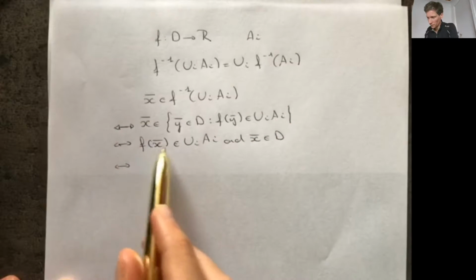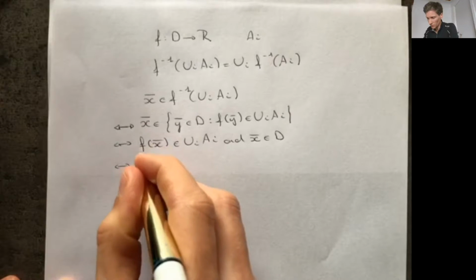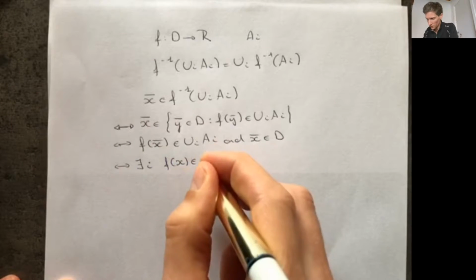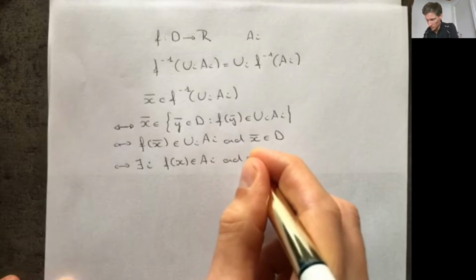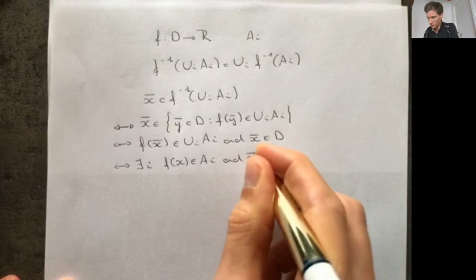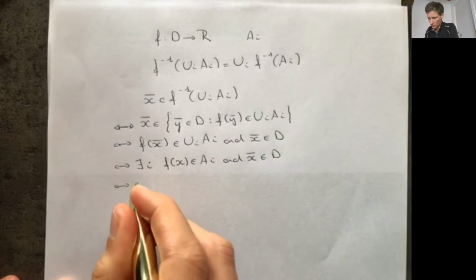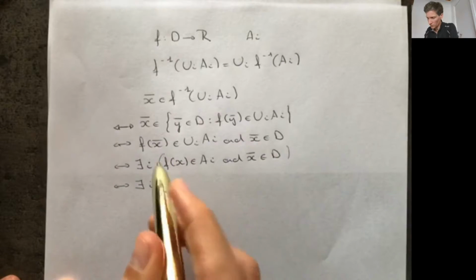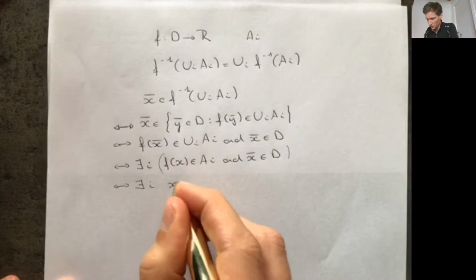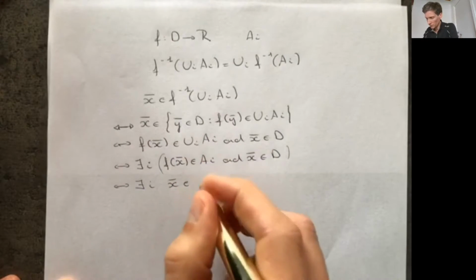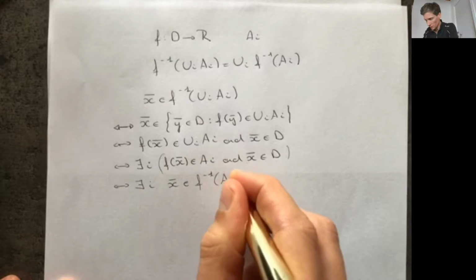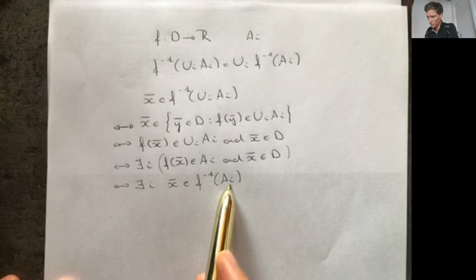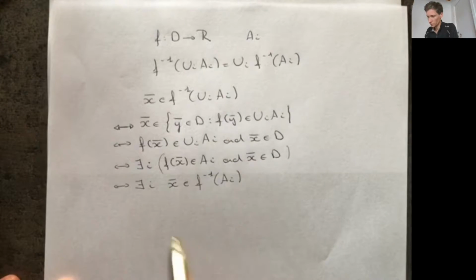If f of x is in the union over i of A_i, this is the same as saying that there exists an i such that f of x is in A_i, and of course x is in D. Then this is nothing else than x being an element of f minus 1 of A_i, that is, x is in f minus 1 of A_1 or f minus 1 of A_2 and so on.